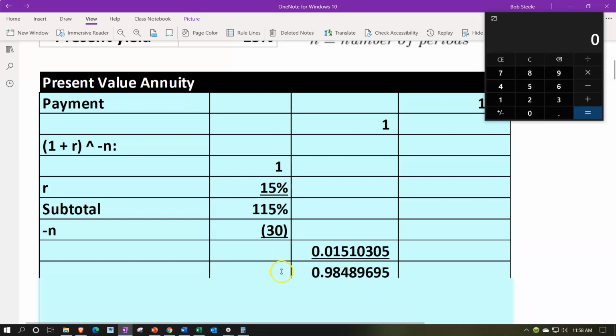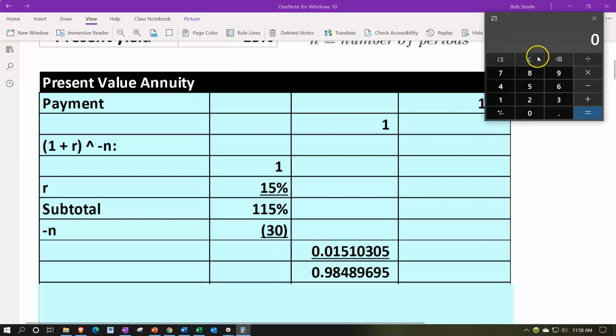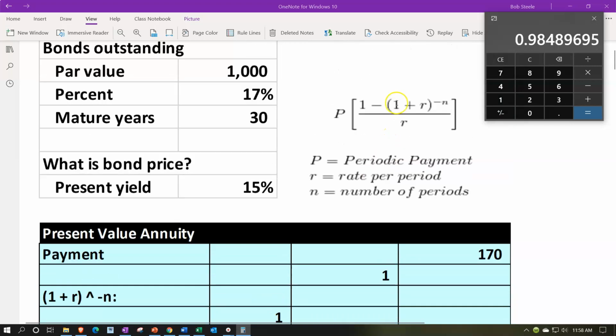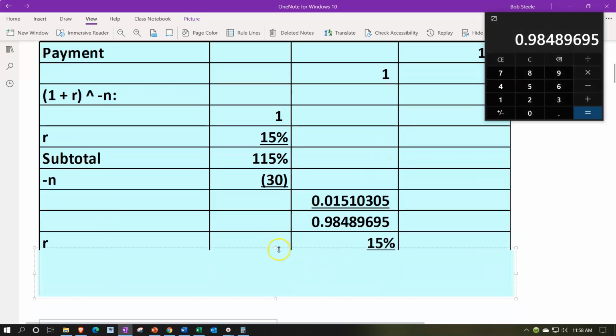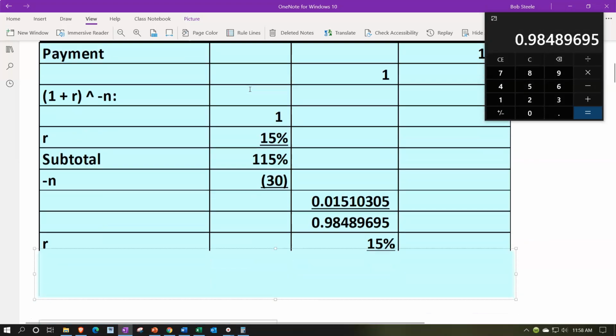So I'm going to go back to my normal calculator here, the standard calculator, make it a little bit smaller. Then we're going to have the 1 minus that number we just came to. So we got 1 minus the 0.01510305 gives us the 0.98489 and so on. That's the numerator. Then we'll take the denominator, which is going to be the rate or 15%, same market rate there.